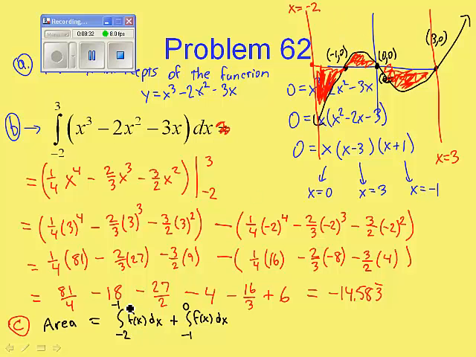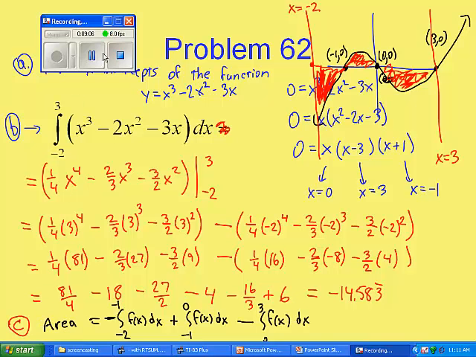Oh, and when I go from -2 to -1, that integral is going to be negative, right? So you can either, as you said, take the absolute value, or put a negative sign in front. And then I'm going to want to integrate from 0 to 3. So if I subtract what I get when I integrate from 0 to 3, that'll also do it. Okay, so that's the method for doing part C.